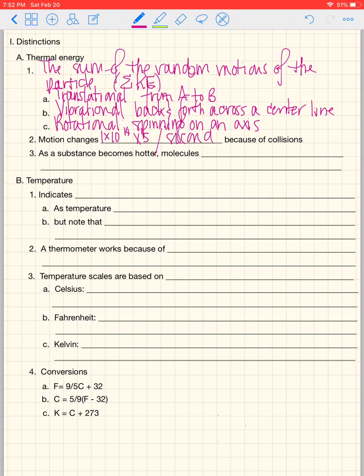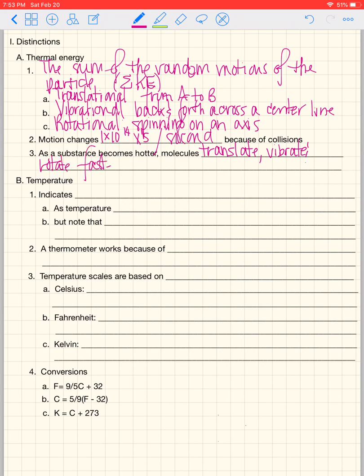As the substance becomes hotter, molecules translate, and you've heard this before. Molecules don't get hotter, they get faster, but let's be specific. They translate, vibrate, and rotate faster.